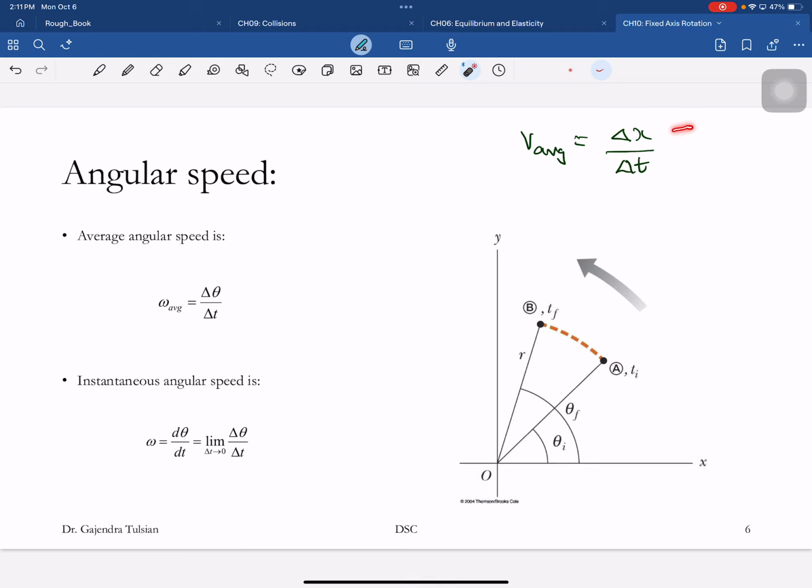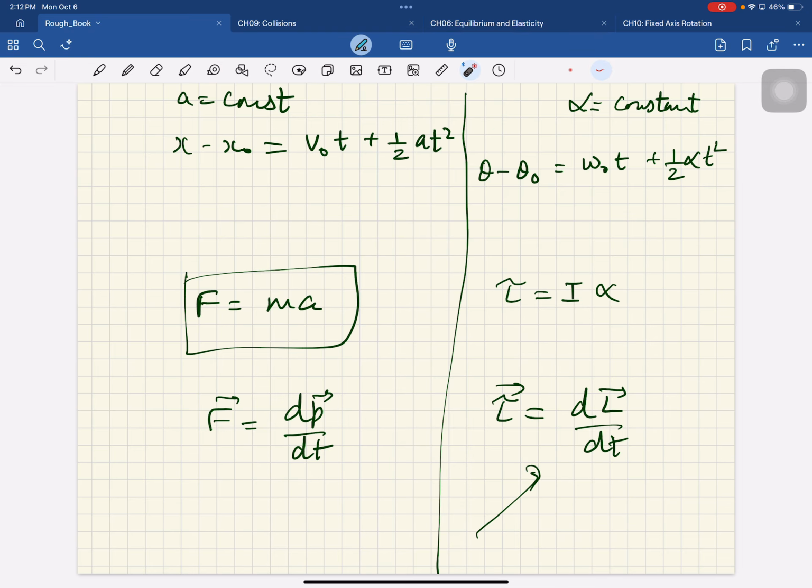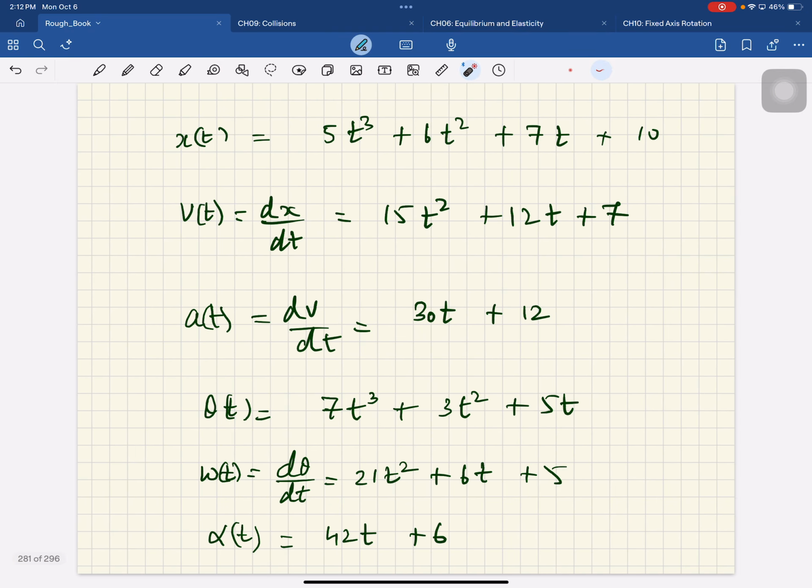Average angular velocity is angular displacement over time. We, of course, are interested in the instantaneous angular speed, that is in the limit delta t going to 0, which is d theta by dt.